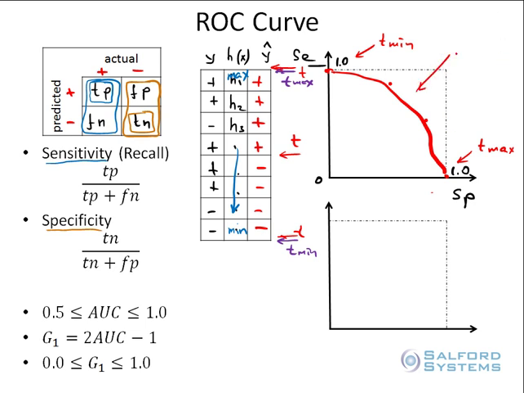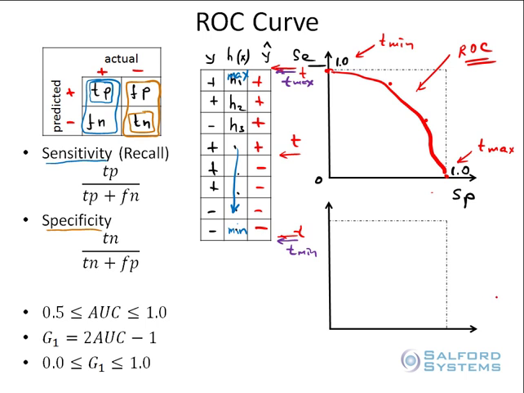And this curve is what is generally known as the ROC curve. It stands for receiver operating characteristic, and don't even ask me where that name comes from. It's a fascinating topic, and if you're interested, you're welcome to research it on Wikipedia or some other sources. So, receiver operating characteristic curve.